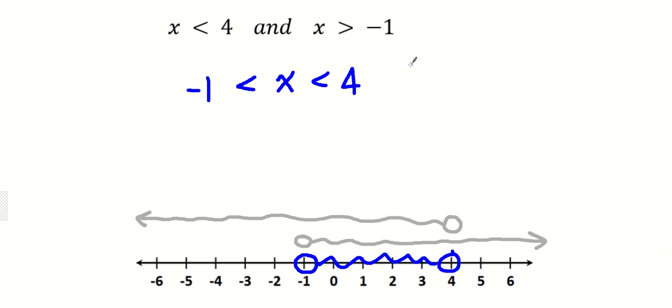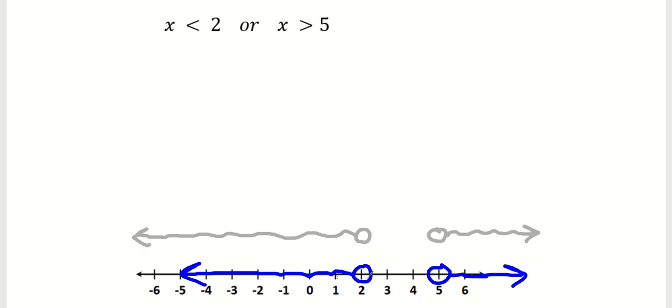It's not a sure bet, but it's a really safe bet that when the word in the compound inequality is an and, your graph is going to end up looking like this, where you're looking for just in between, or these two graphs are in a way colliding, or you're taking only the overlap of two graphs. So anyway, this is what an and graph usually looks like, and this is what an or graph usually looks like.